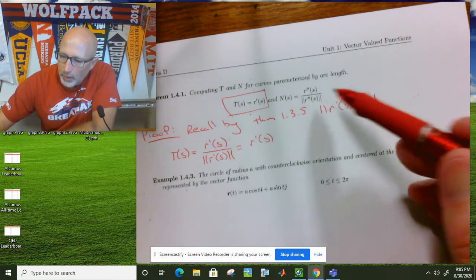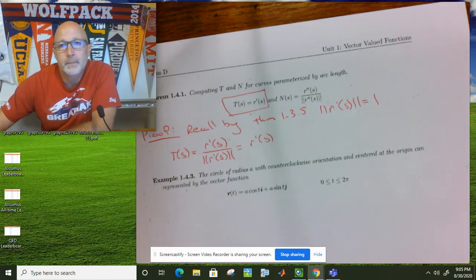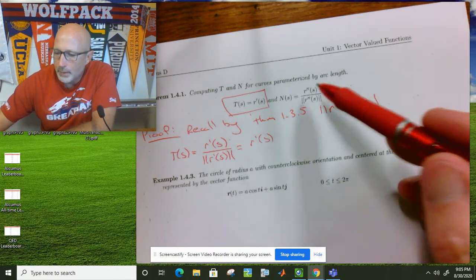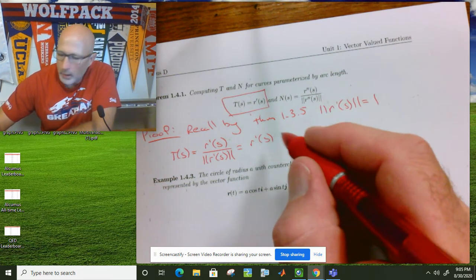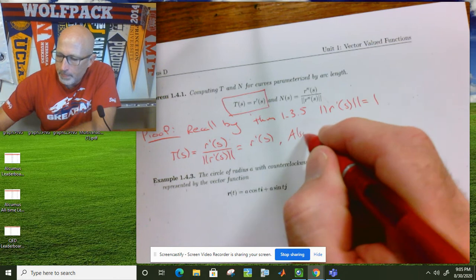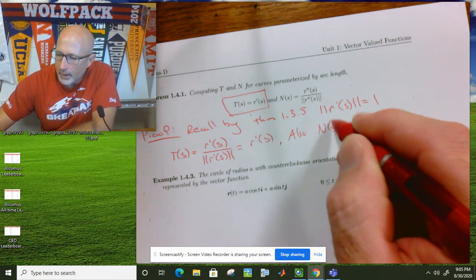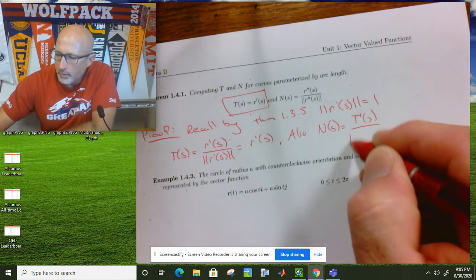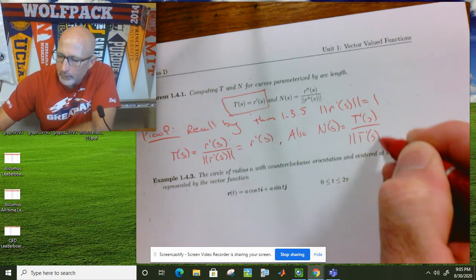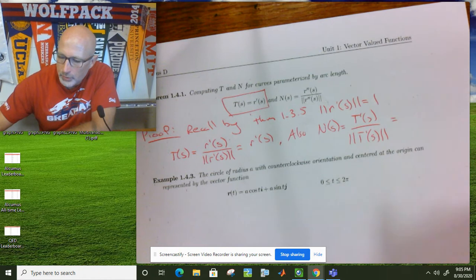So now I just need to do the second portion. It's r double prime of s over the magnitude of r double prime of s. So also, what do we have? We have N of s, which is equal to T prime of s all over the magnitude of T prime of s. That's just by the definition we had before.